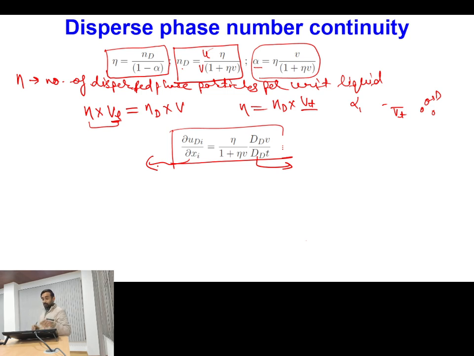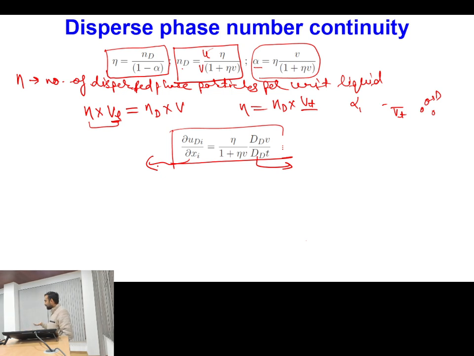So if you go to the single phase formulation, then what do we do? In case of single phase formulation, this term is simply called the volumetric strain. What is volumetric strain for a single phase flow problem? Divergence of velocity vector.